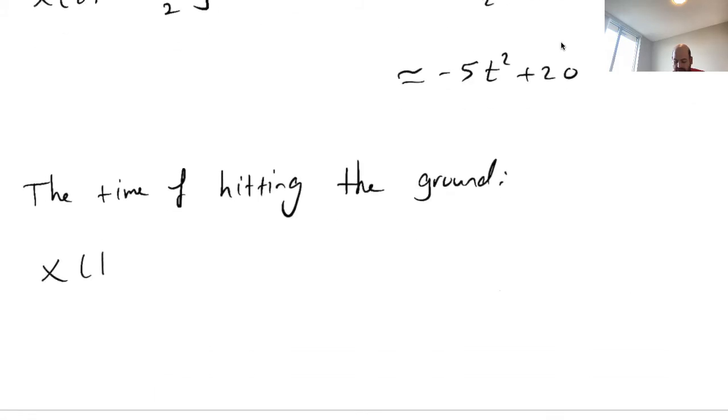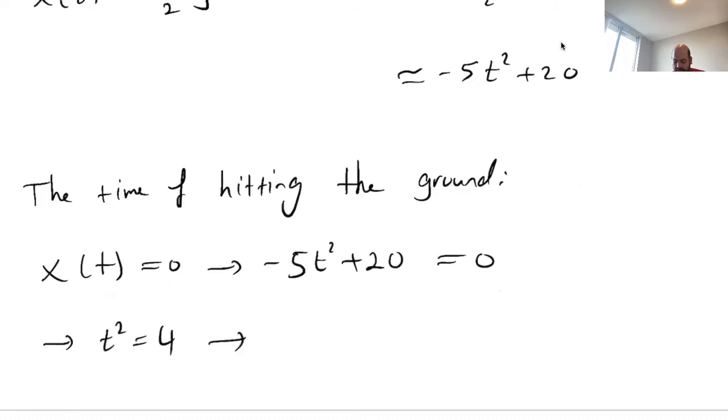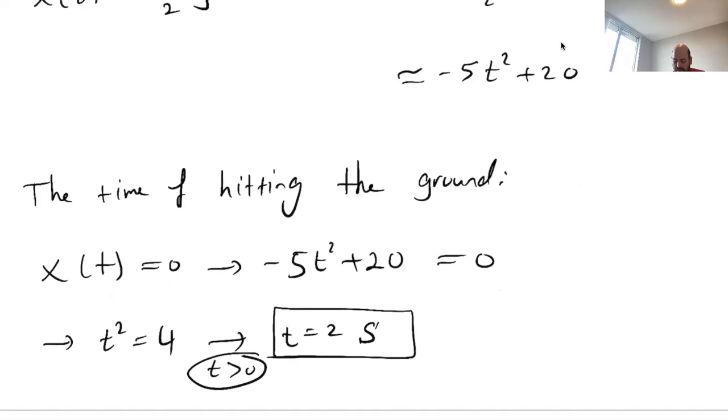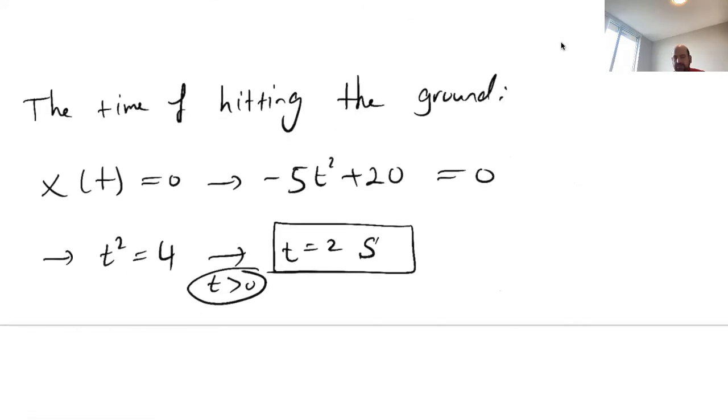I need to set x of t equals 0. So then I'll have minus 5t squared plus 20 equals 0. And that means that t squared equals 4. And therefore t equals 2, because t has to be, of course, positive. So 2 seconds, at 2 seconds, it hits the ground.